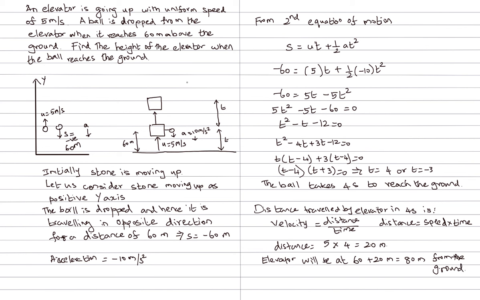So for this question, if the elevator is moving with the 5 meter per second, when a ball is dropped after it is reaching 60 meter, then the ball will take 4 seconds to reach the ground. In that 4 seconds, the elevator would have traveled 20 meter up. So totally the lift will be 80 meter above the ground.